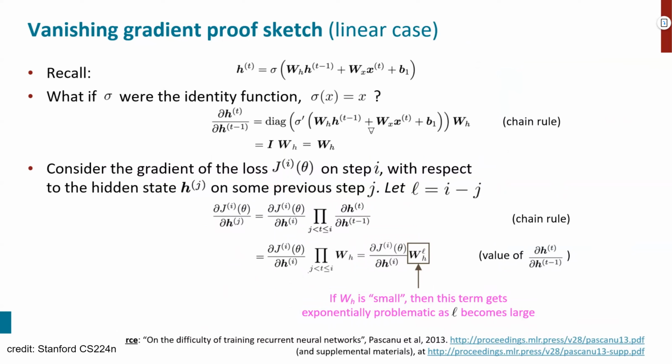And when we omit the nonlinearity as before, as in the previous slide, if we assumed sigma is the identity function, then we can just remove this part, and BHT over THT minus 1 becomes WH. And you can calculate the gradient with respect to H like this.